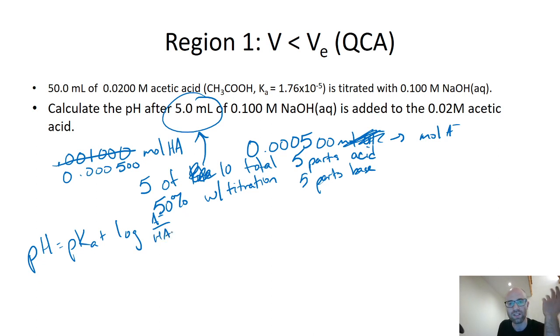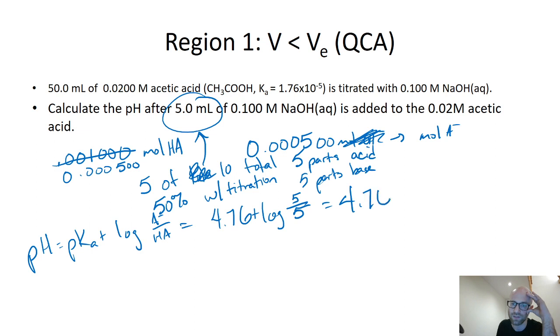But instead of putting in all these decimals, you could just say 5 over 5. Now this is going to show you two things. First, we know that in a buffered system where you have equal amounts of acid and base, pH equals pKa. So this tells you something about a weak acid titration. At the halfway point, when V equals 1/2 of the VE, pH equals pKa, as you saw down here.